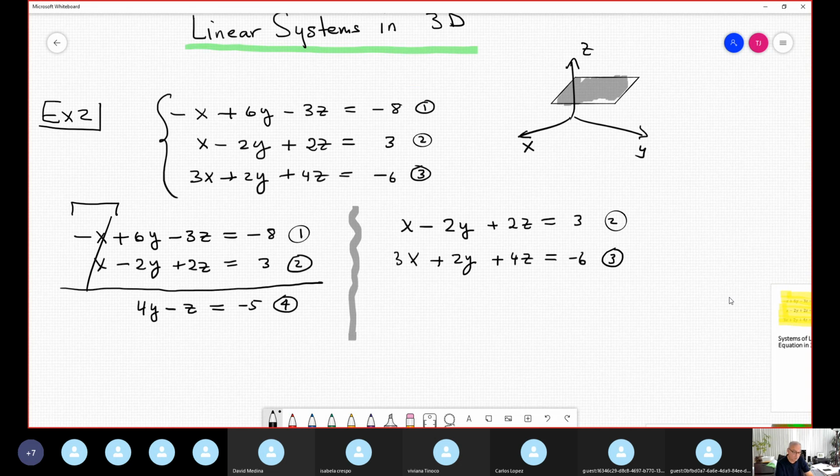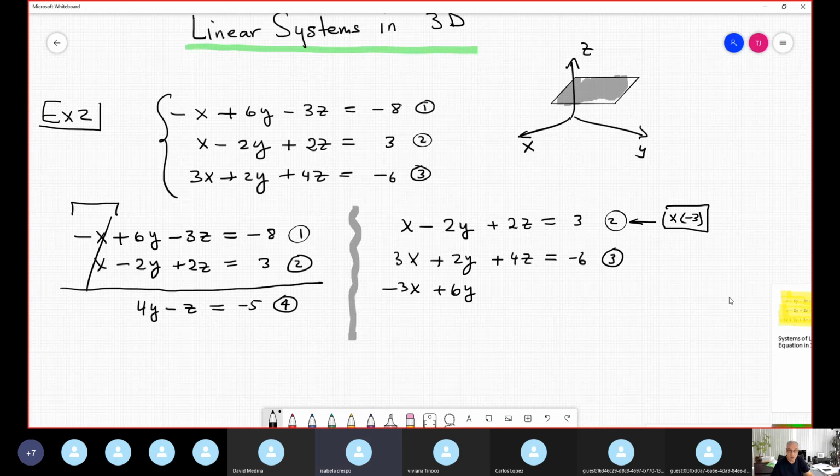The intention is that you need to eliminate x in the second couple. Okay, no big deal. You multiply equation number 2 by negative 3. Because when you multiply equation number 2 by negative 3, we have negative 3x plus 6y.